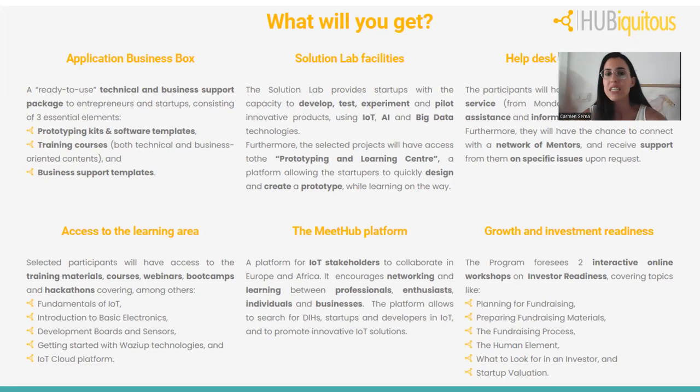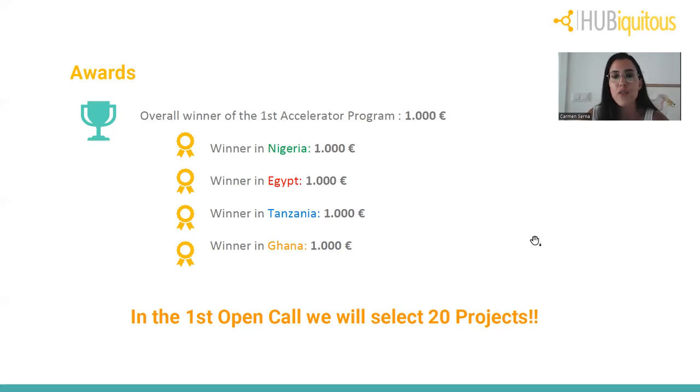All right. So these are the main inputs that you will get as participants of the accelerator program. But last but not least, this is also very attractive. We are expecting to give monetary awards.